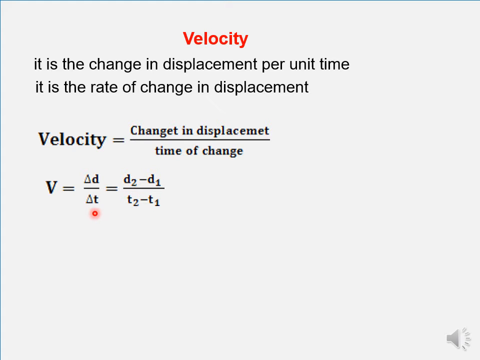Delta t means per unit time, that is t2 minus t1. The unit of velocity is meter for displacement and second for time, so meter per second is the unit of velocity.